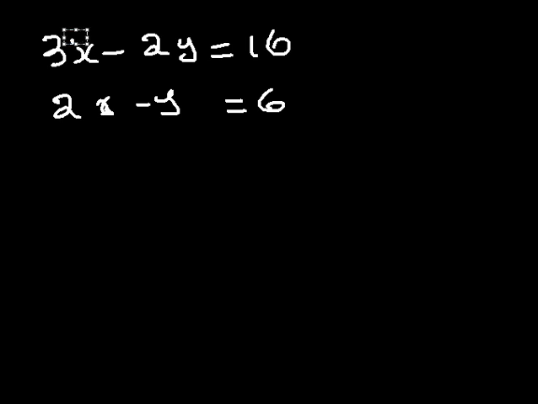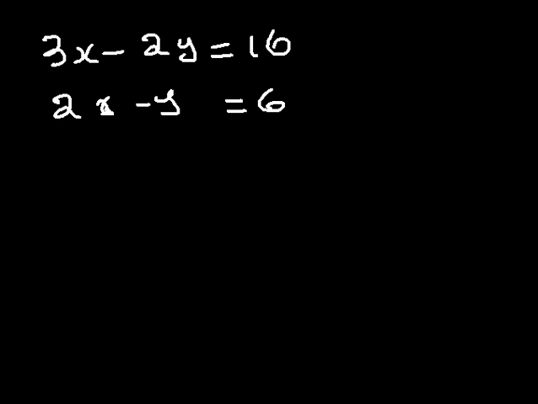Now what comes next? We should think about which term we should eliminate. For instance, let's think of eliminating x first. Looking at the terms of x, we have 3x and we have 2x. When do we expect to eliminate x by having zero?